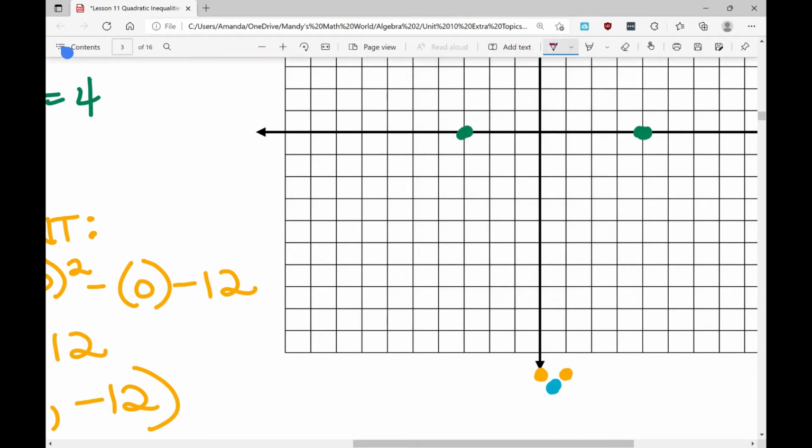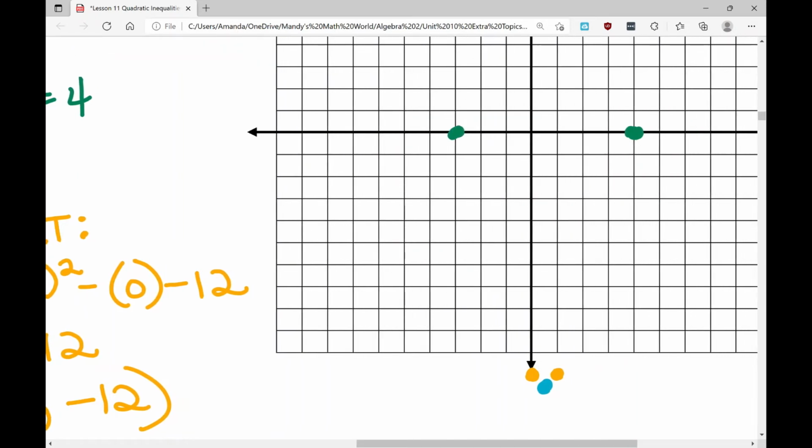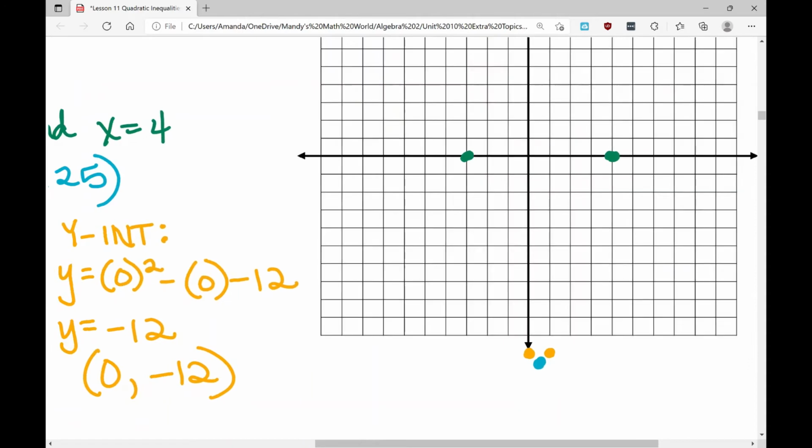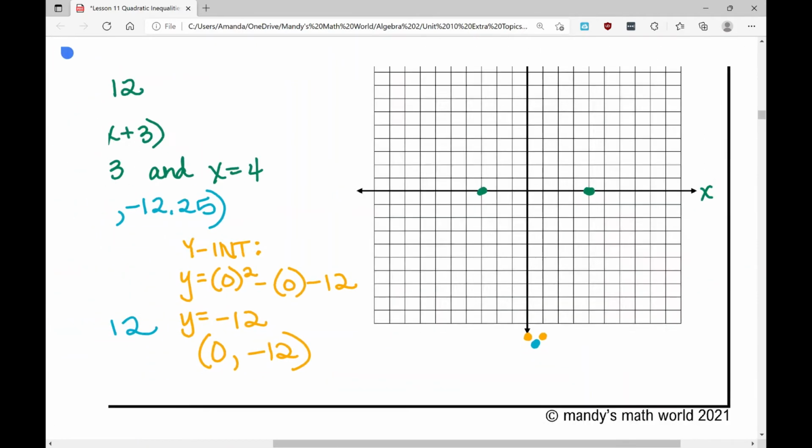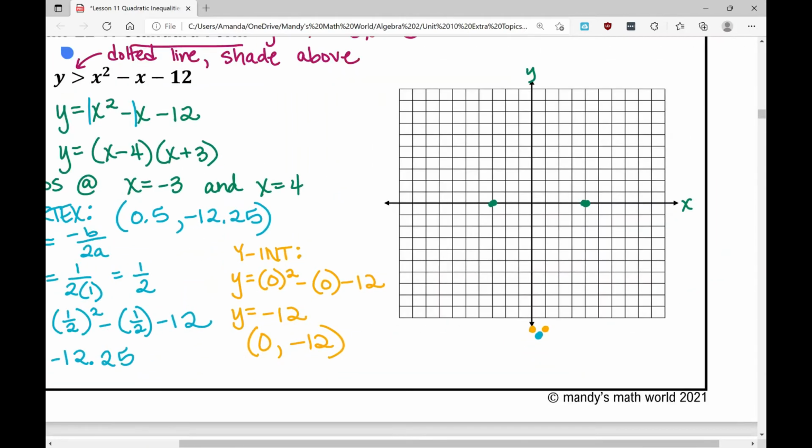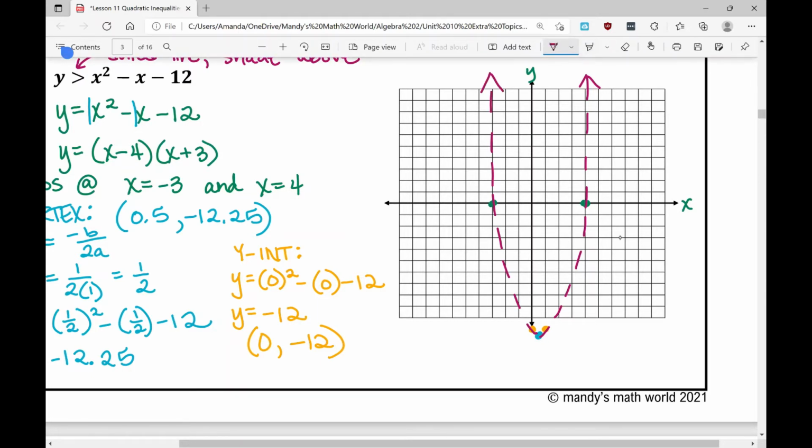So now what I'm going to do is graph this boundary line. Because that boundary line is greater than, I know that it's just going to be a dashed line, just like this, right? It's not going to be solid. It's going to be dashed because it's not greater than or equal to. Now, which way do I shade?